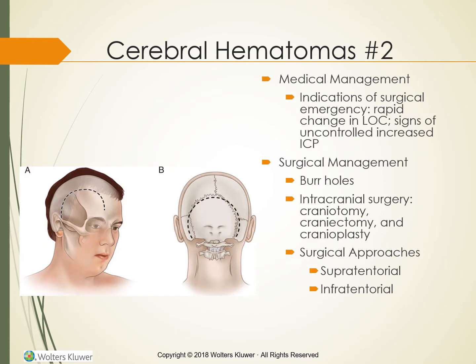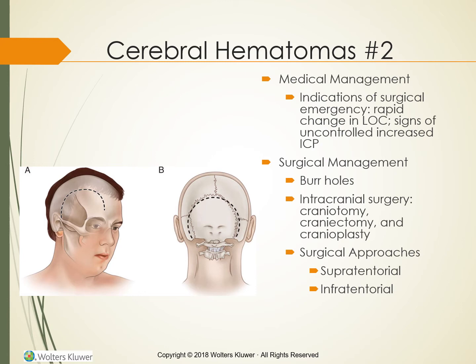Sometimes the body will wall off and absorb a subdural hematoma without any treatment. But if there is a rapid change in the level of consciousness and they have signs of uncontrolled increased intracranial pressure, this means that it is a surgical emergency.